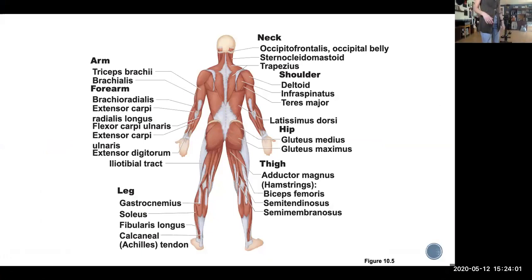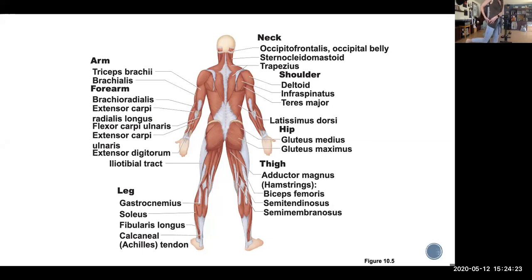I've been calling it flexing and extending the hip. Remember that little iliopsoas muscle deep down in here that helps you flex the hip? On that chart it says it's flexing the thigh. That's the same thing, flexing the hip and the thigh. You're flexing this joint right here.